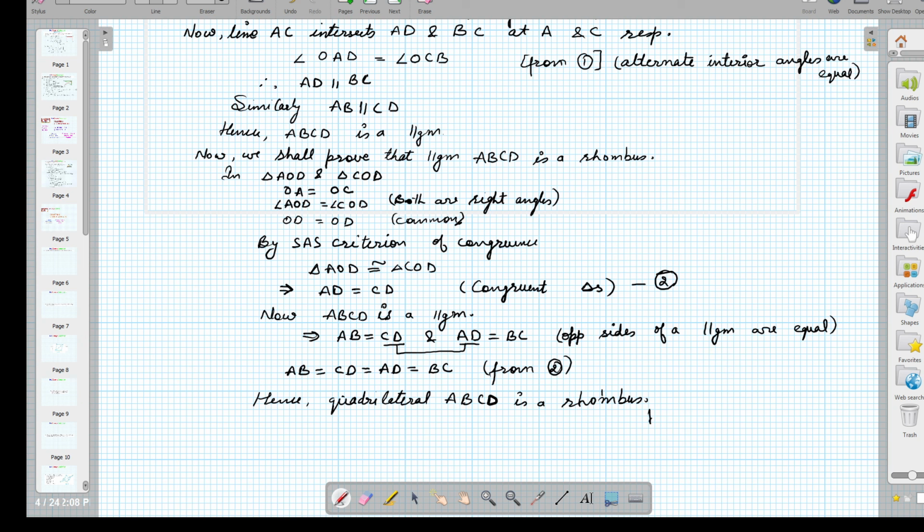So this is what we wanted to prove. So we can write hence proved.